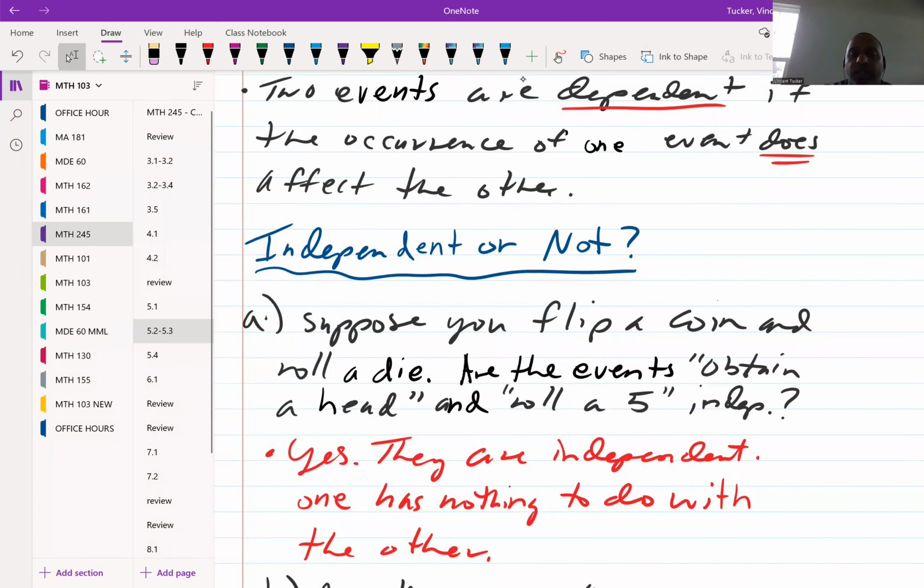So yes, these events are independent. One has nothing to do with the other. So flipping a coin and rolling a die does not alter any of the outcomes. So of course, we'll see an example of what it means for events to be independent, to be dependent, but these two events are independent.